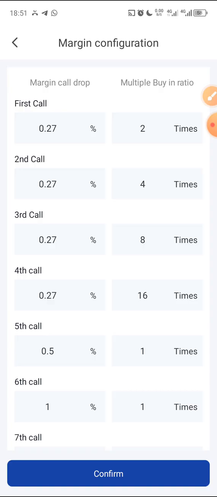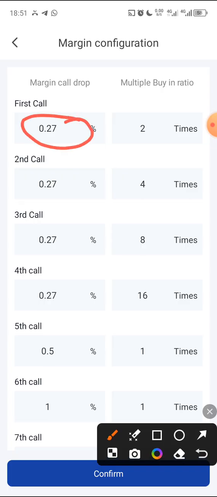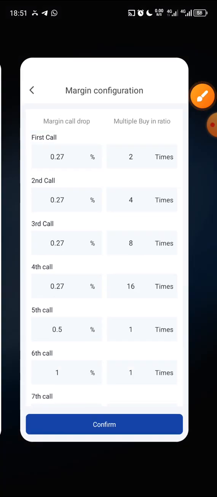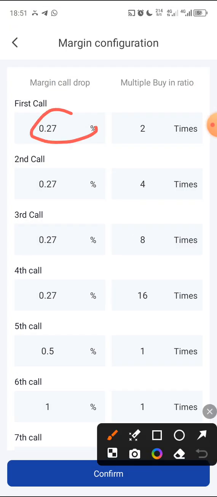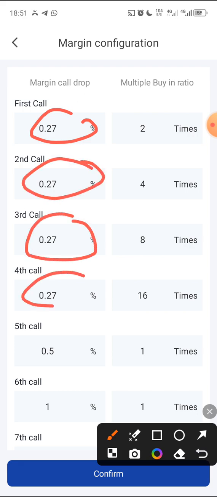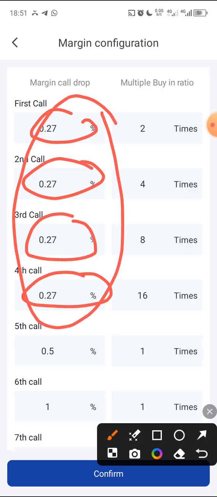Settings will differ from one person to another. So you put here 3.75, 3.75, 3.75, 3.75. And when you add up these 4, it totals 15%.